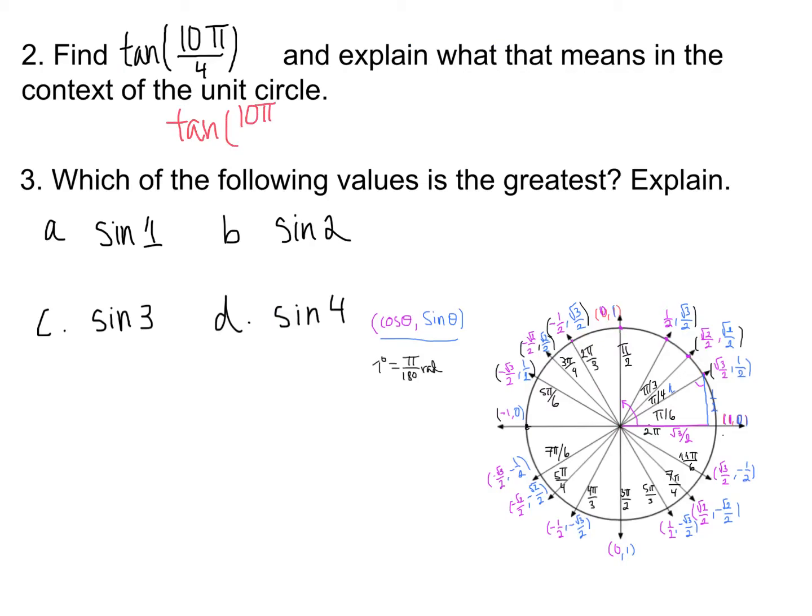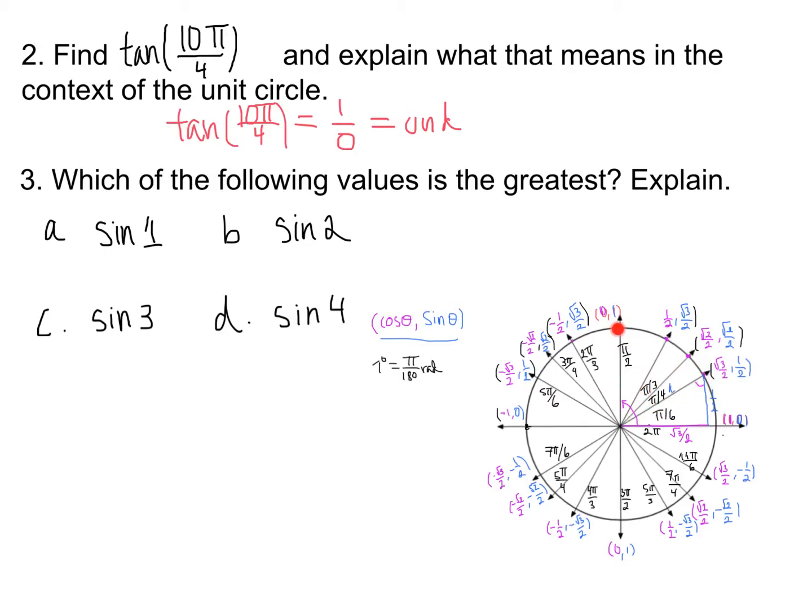So the tangent of 10 pi over 4 is going to be the sine over the cosine, and the sine here is 1, and the cosine is 0. Well, this just so happens to be undefined. It does not exist. And when I think about what that means, remember that the tangent is the slope of the terminal ray.